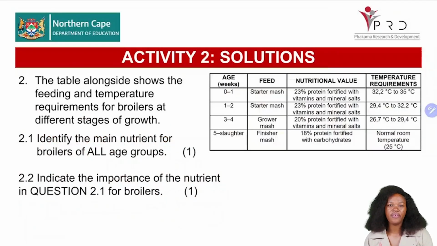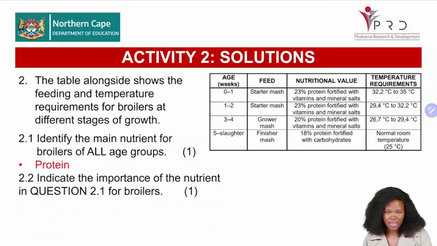Number 2 of our activity 1. The table alongside shows the feeding and temperature requirements for broilers at different stages of growth. Identify the main nutrient for broilers of all age groups. That is protein.